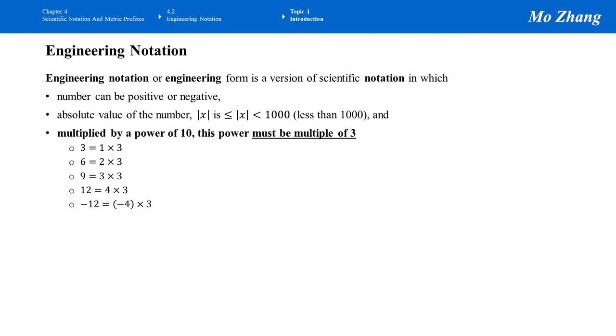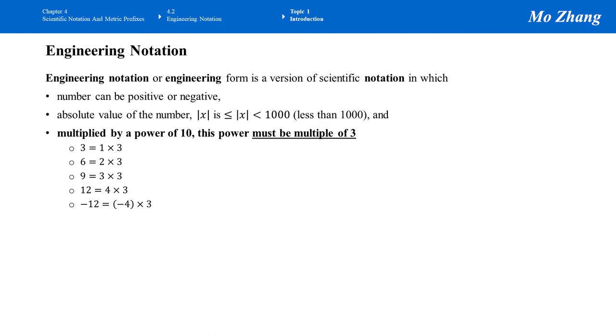The third rule, it multiplies by a power of 10, but the exponent needs to be a multiple of 3. That means the exponent can be 3, since 3 is 1 times 3. It can be 6, since 6 equals 2 times 3. It can be 9, 9 is 3 times 3. It can be 12, 12 is 4 times 3.